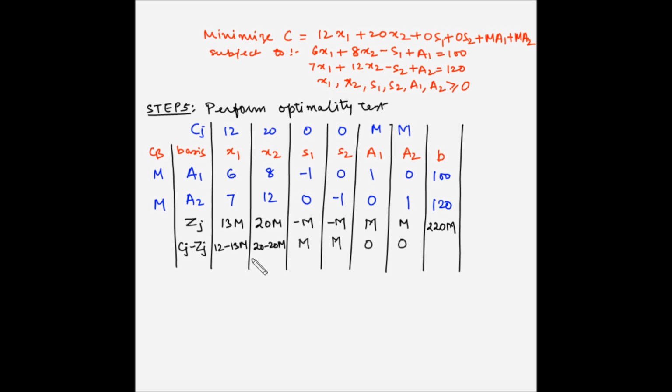Now once we have the values for the Cj minus Zj row, these values are to be evaluated to determine whether the current solution is optimal or not.